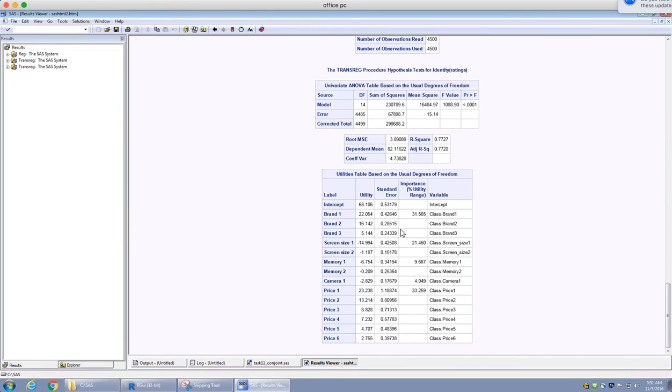You probably noticed that for utility, you have the utility for certain brands, and you have utility for the screen size, the memory size, the camera, and for each price point. So let's go by one here. You probably remember brand 4 was the last brand. It's the default brand, which corresponds to the local brand here. Let's go and see what that was.